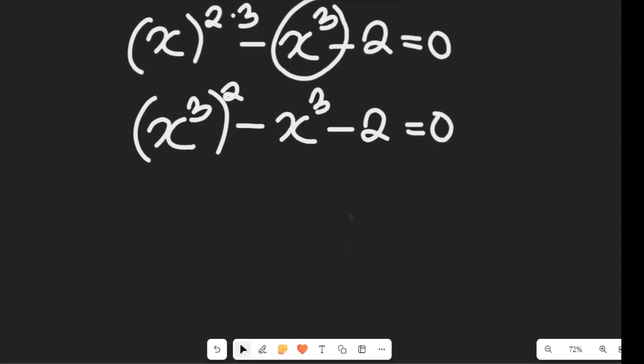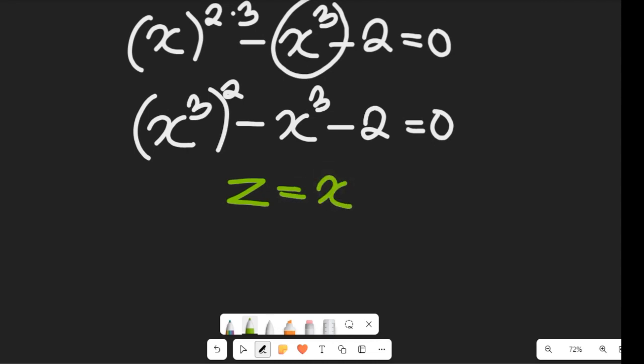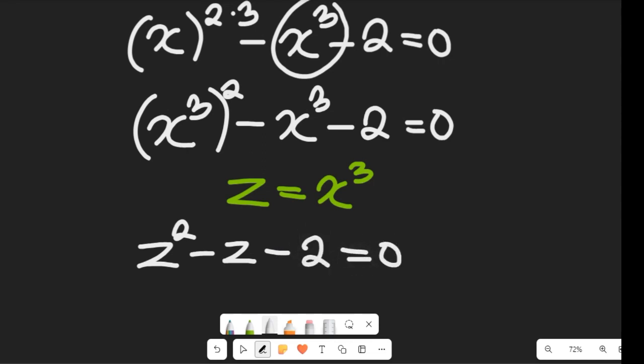Now we can let the value of z be equal to x to the power of 3. So this is going to give us z squared minus z minus 2, and this will be equal to 0.